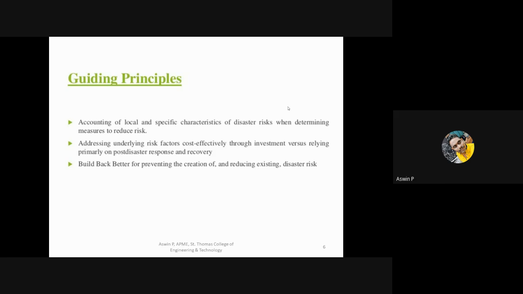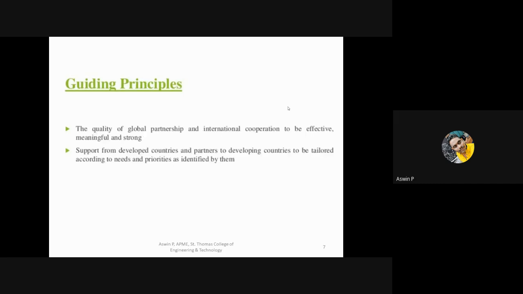We should think the same disaster may happen in the upcoming years or decade, so we should be prepared to prevent that disaster. So we should build back better than existing. This is an important guiding principle to avoid or mitigate the impact of disaster.